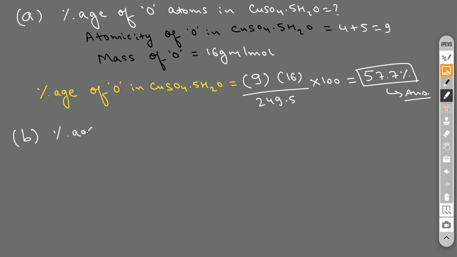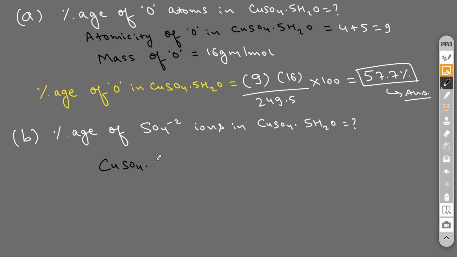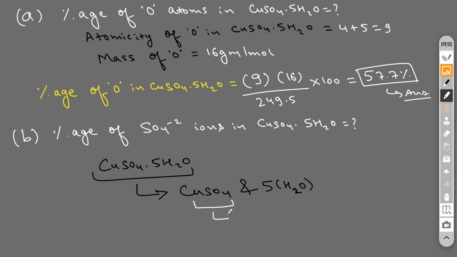Now B part, we have to find percentage of SO4 minus 2 ions in CuSO4.5H2O, right? So here we have CuSO4.5H2O. We will find where SO4 minus 2 is present. So this compound, we have CuSO4 and 5H2O. In CuSO4, this compound is composed of Cu plus 2 and SO4 minus 2 ions.